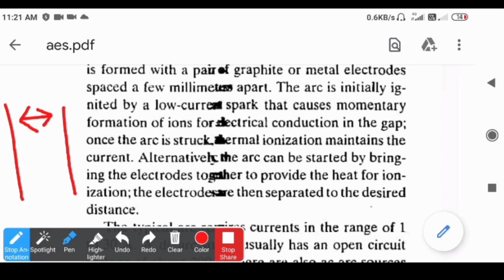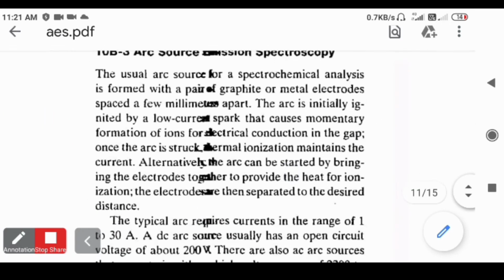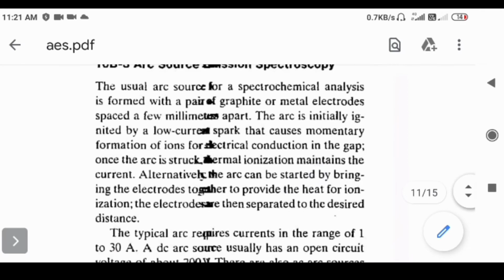So this phenomenon is the arc. There are certain demonstration videos available, so you can watch those videos. Our main intent here is to understand the principle of the arc source or the spark source and its application for analytical analysis.